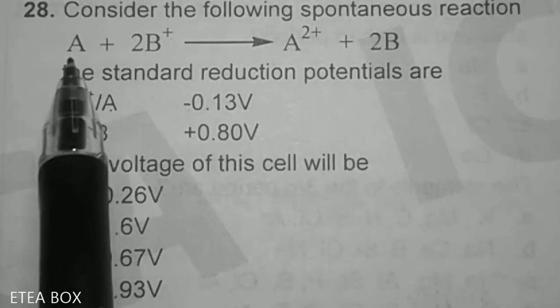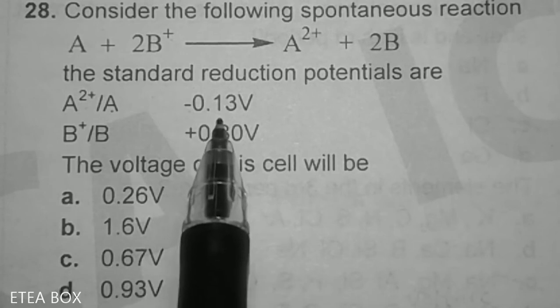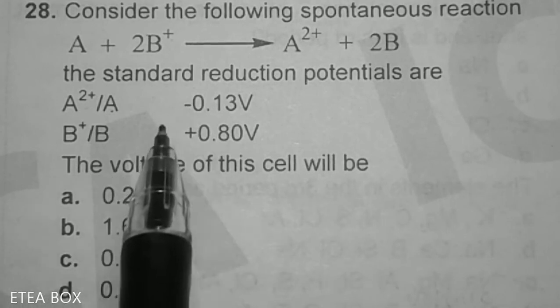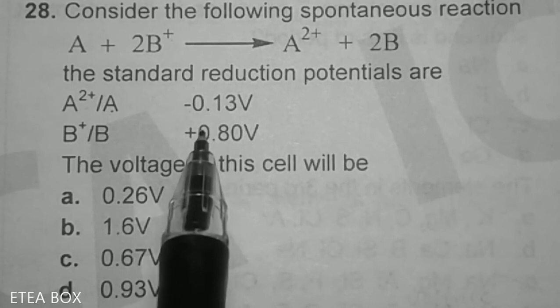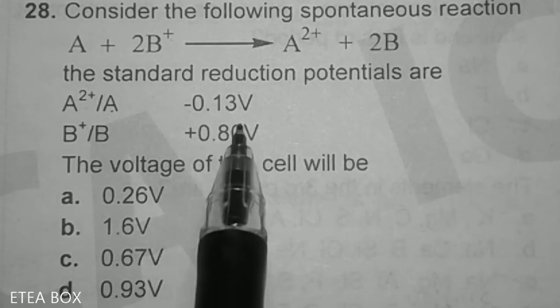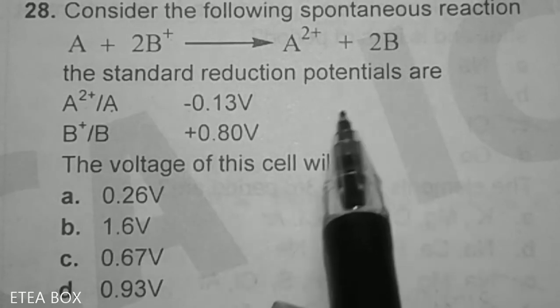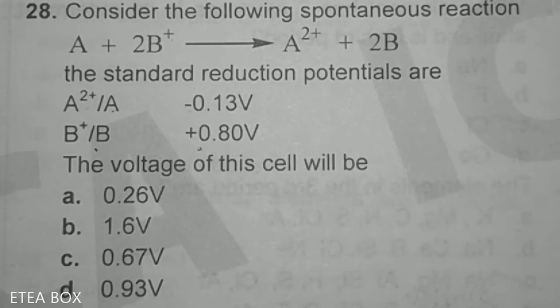In case of A, oxidation has occurred, but the value given is the reduction potential, that's why it is negative. For B, reduction has occurred and the value given is also of reduction, so it is positive. Now we have to calculate the voltage.